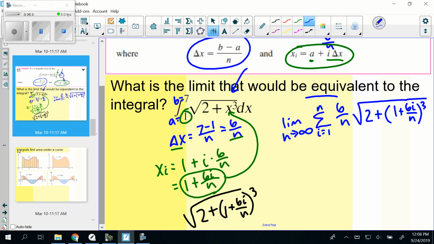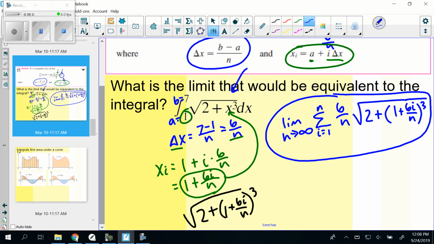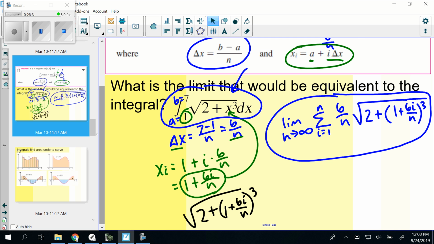This limit, if we calculate it out, should give us the exact same value as if we would calculate out this integral here. It's just another way of writing it. We don't usually tend to use the limit way, but if you were to get a question on that and they want you to be able to jump back and forth, that's how you would do it.